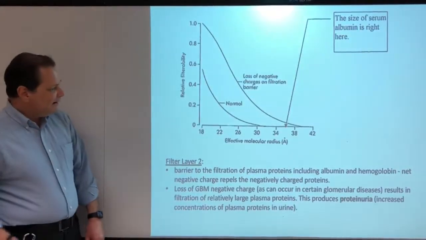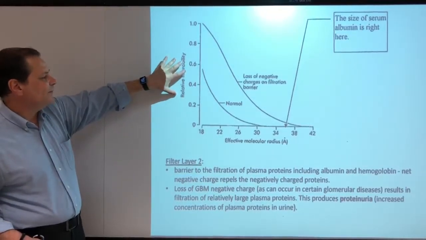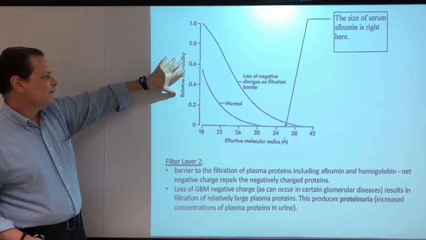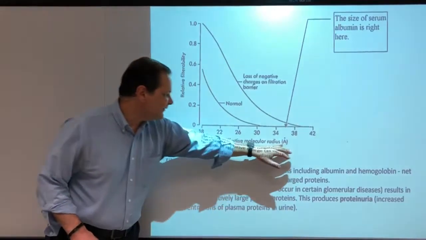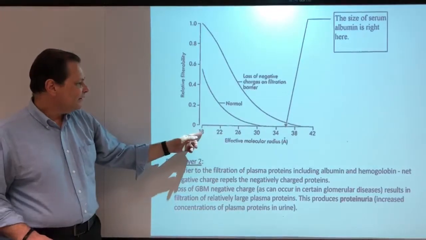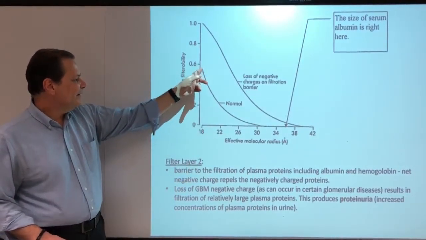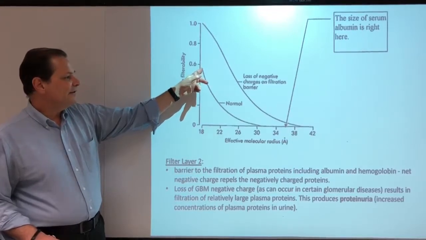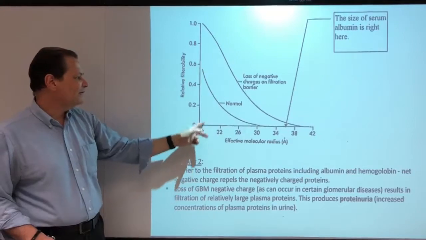So here is a graph. On the y-axis, we have what's called filterability. In other words, this is how easy a protein can get through, and this is the size of that protein in angstroms. So an 18 angstrom protein is going to get through this filtration barrier fairly easily. A lot of it's going to get through.